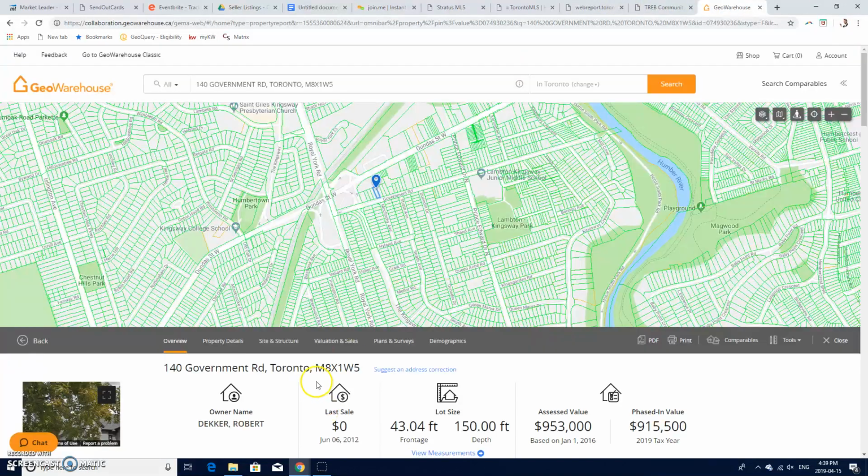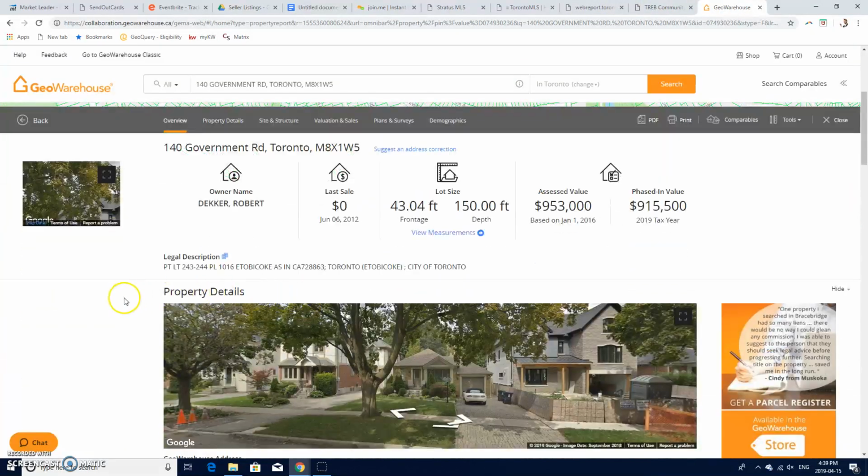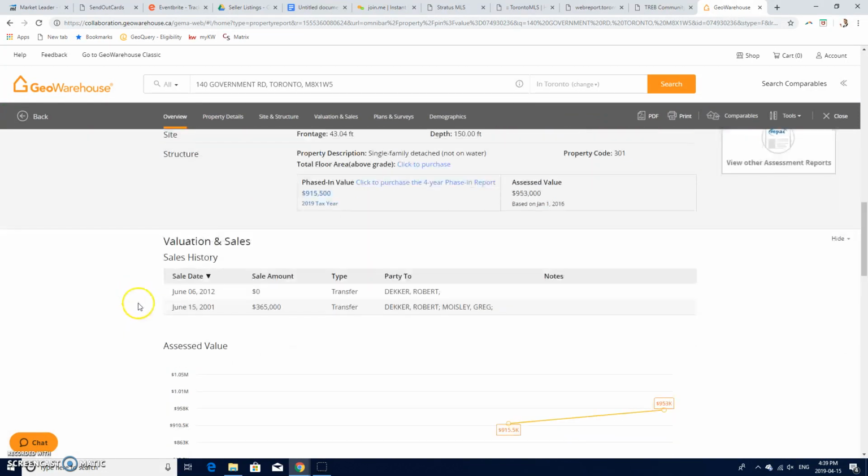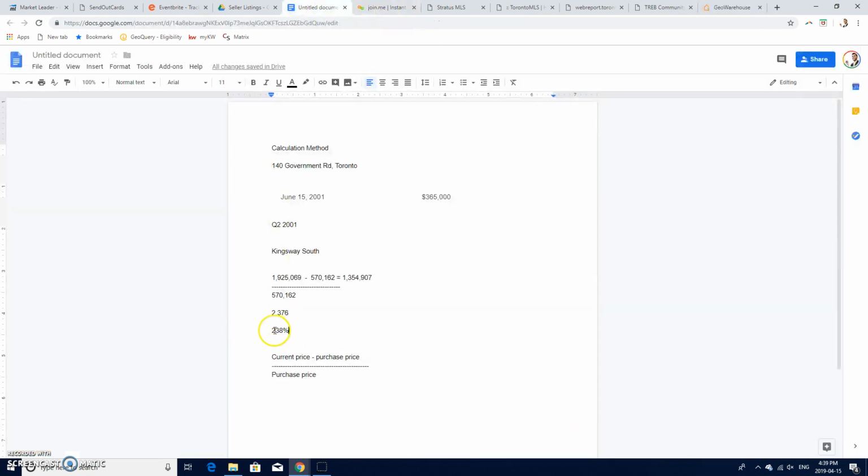Now, if we know that this property was originally purchased for $365,000, we're going to take $365,000 and multiply it by 238%. So that looks like this. On your calculator, you put 365,000 and you multiply by basically 2.376.